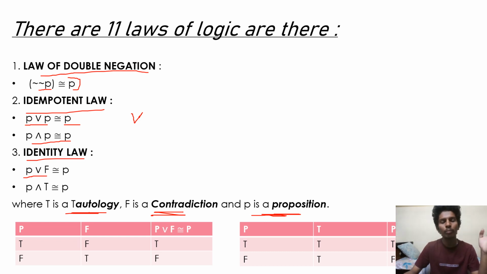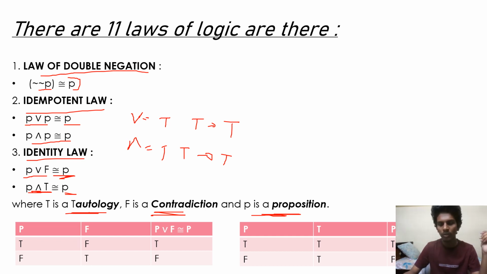So if we do P or F, we will get the resultant as P. If we do P and T, which means P conjunctive T, we will get P. Here or means if any one of the truth values is true, then we will get the resultant value as true. And for and, both truth values should be true, then only we will get the resultant value as true, otherwise we'll get false.